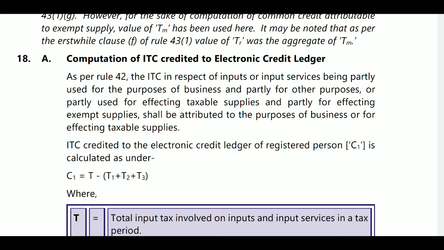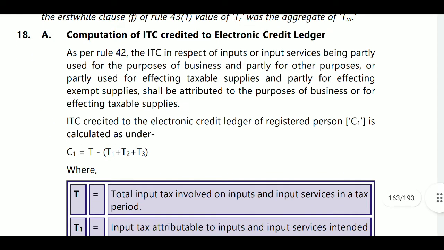T means the total input tax involved on inputs and input services, that is, whatever tax is calculated, whatever tax has come, that is T. Next, T1 means related to only non-business purposes.